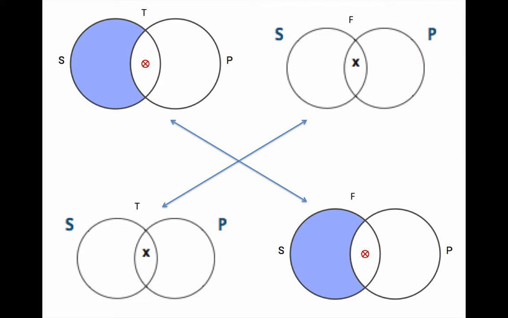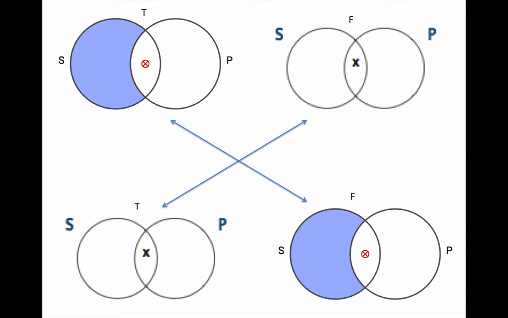Directly below it, the lower left-hand corner, is the I proposition position. To the immediate right of the I proposition, in the lower right-hand corner, is the O proposition position. And lastly, above the O proposition, in the upper right-hand corner, is the E proposition position. These are standard.